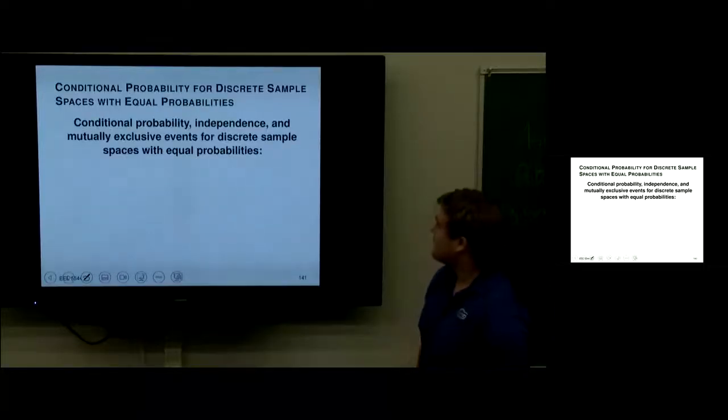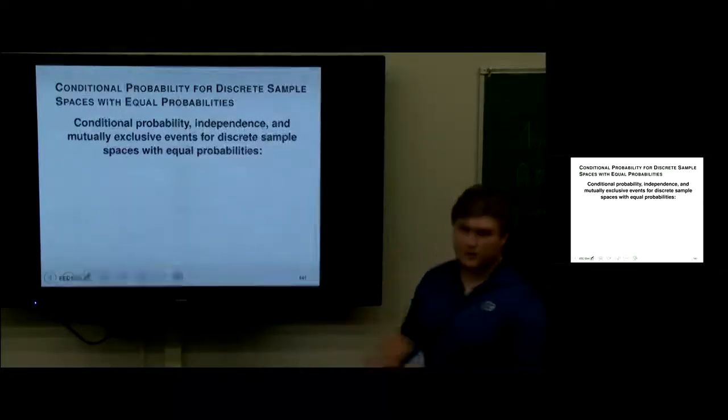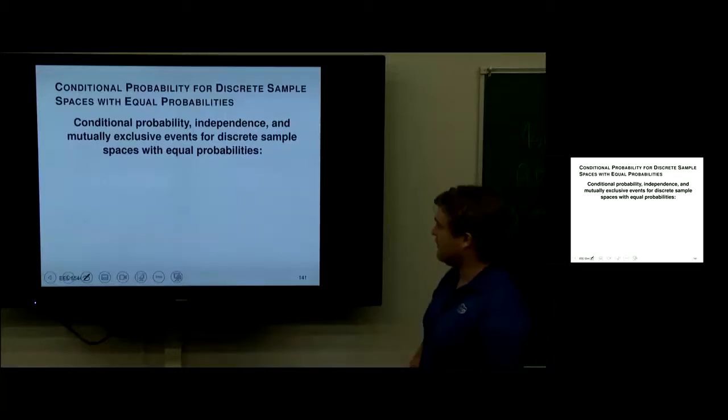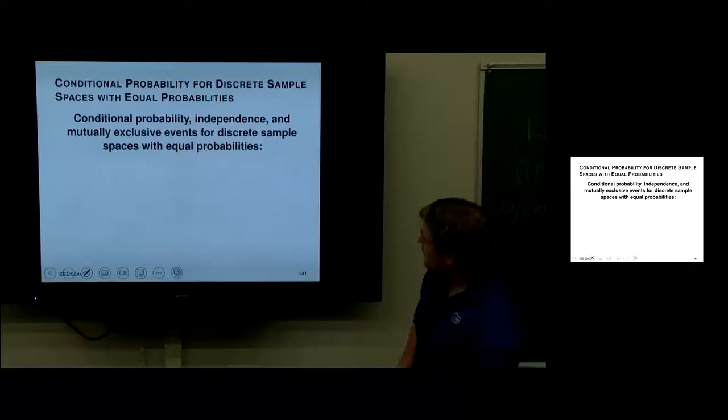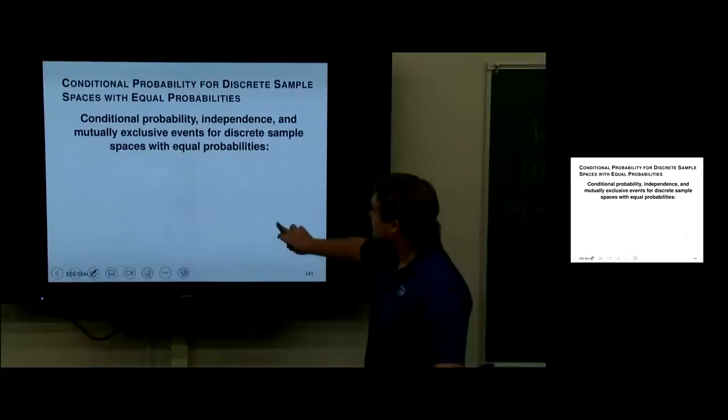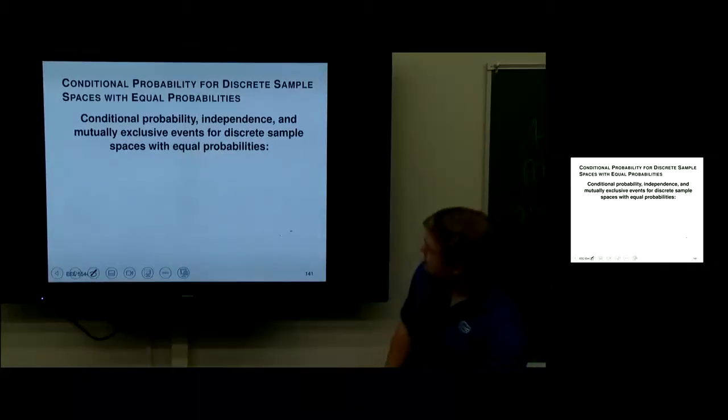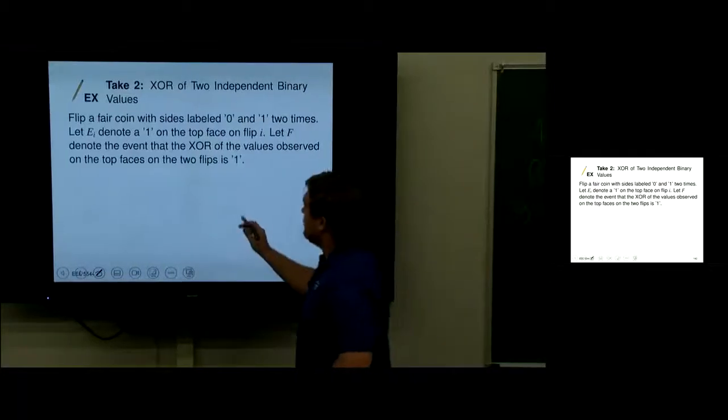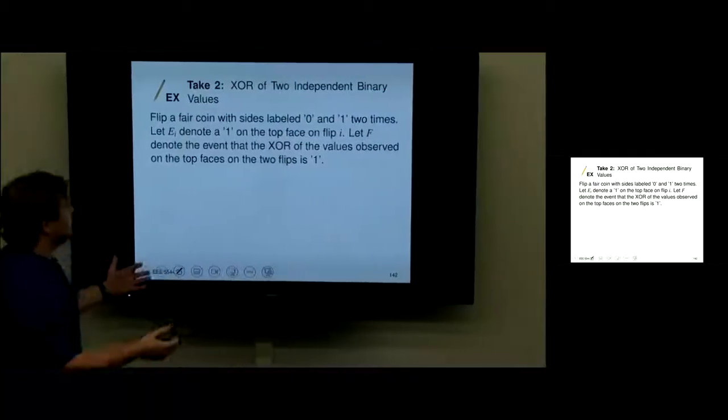Okay, so let's start off with the XOR problem. You saw how to solve that one way before, so we're going to redo the XOR problem.